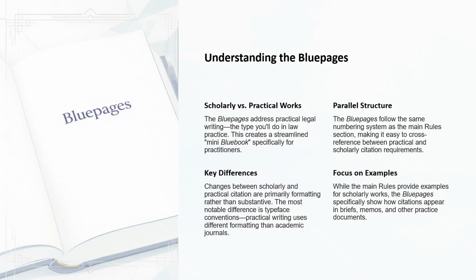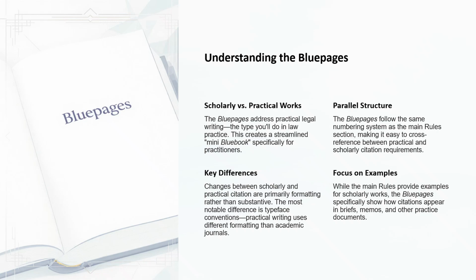Another stark difference between scholarly and practitioner works is that for statutes and secondary sources, much of those citations are drafted in large and small caps for scholarly works, but in ordinary Roman type for practitioner work. So you don't use large and small caps for practitioner works.